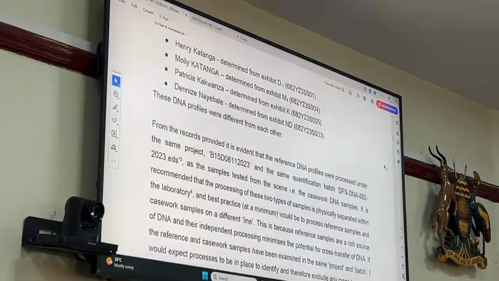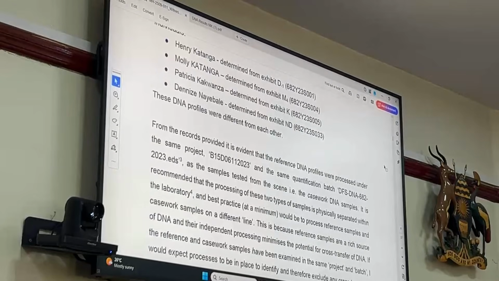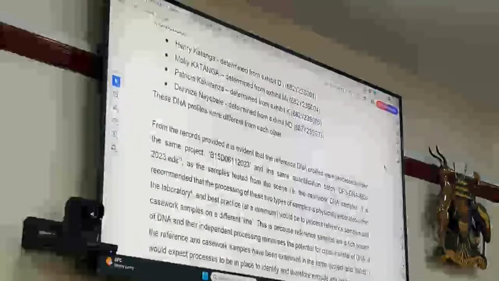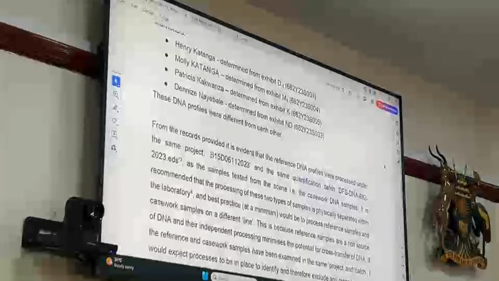In this case, these are the samples from Molly, Henry, Patricia, those samples which were labelled sample 001 to 005. Generally, these consist of swabs taken from the cheek cells of a nominated individual, your mouth.